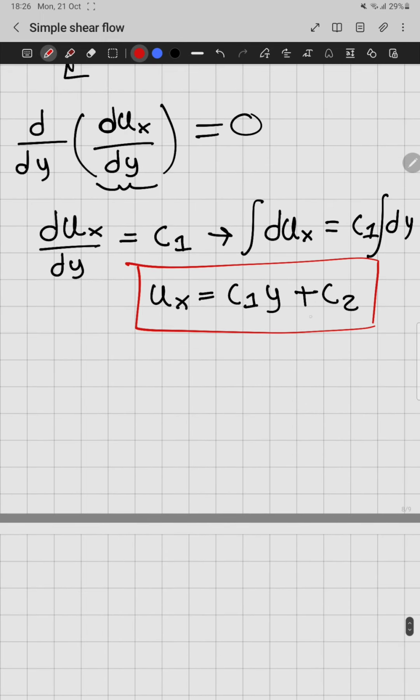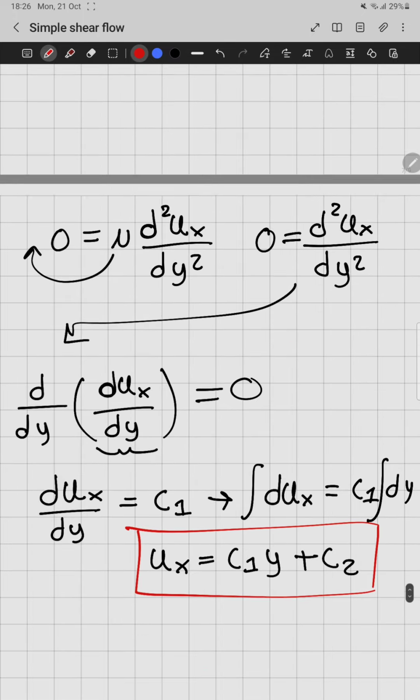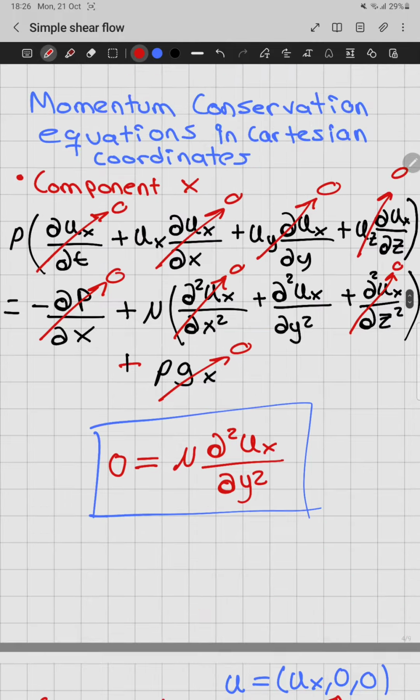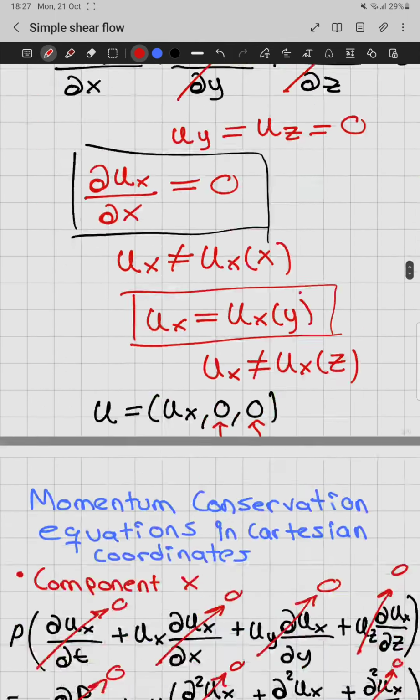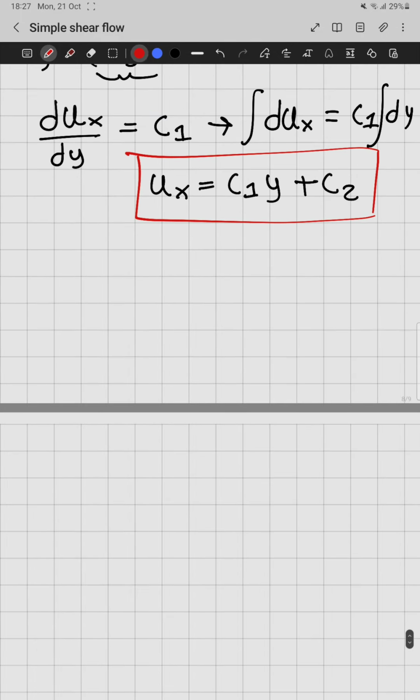So we have two constants in order to find the velocity field in x direction. So you remember from our boundary conditions, which are here. At the bottom plate, let me rewrite these boundary conditions here.